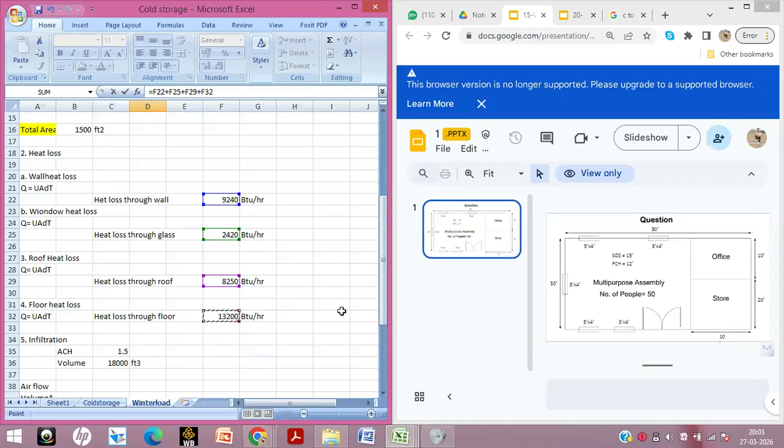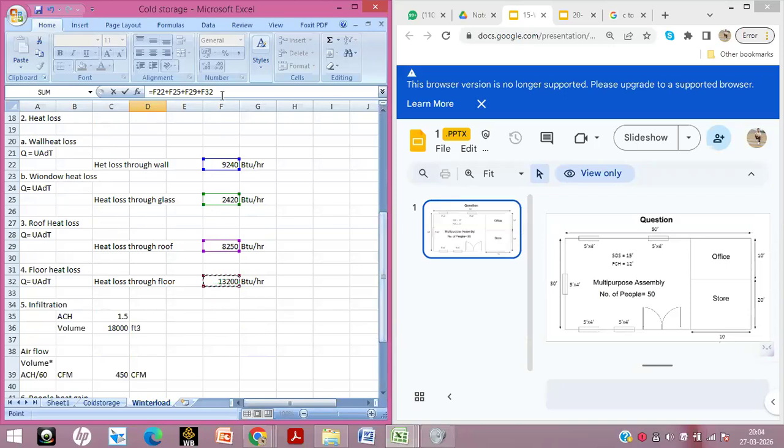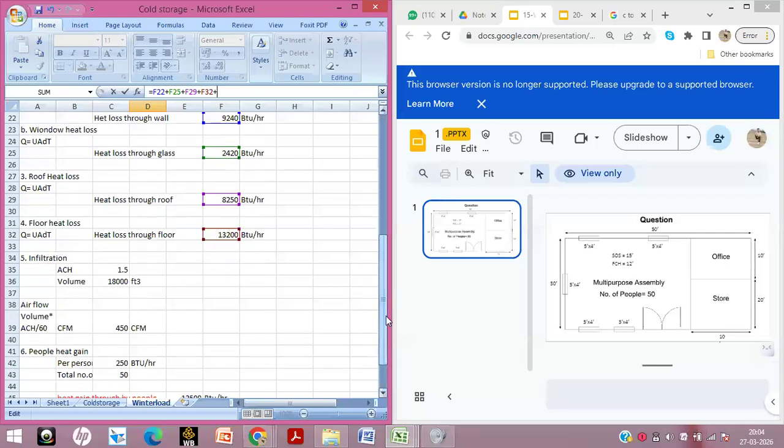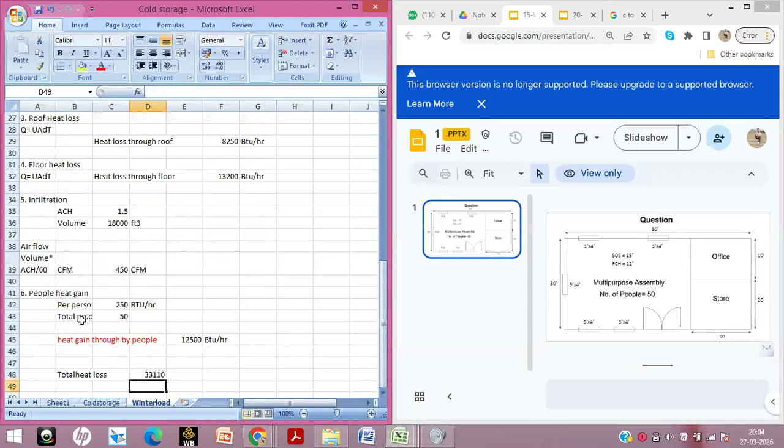Okay, before that, just a second, we need to add one more thing here, because for air infiltration we just calculated the CFM, but we need to calculate the heat load also.